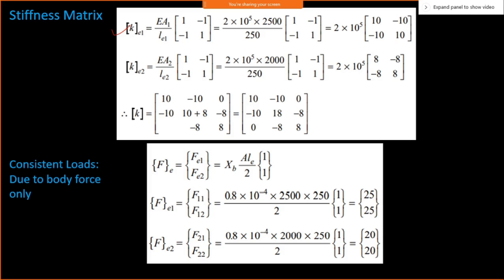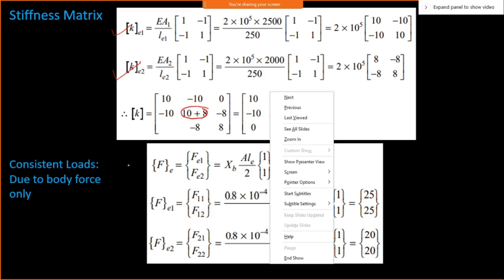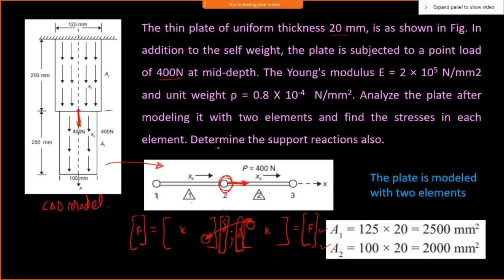First of all, determine a stiffness matrix, then the stiffness matrix for the second element, then in the common node number two, it will get added up.